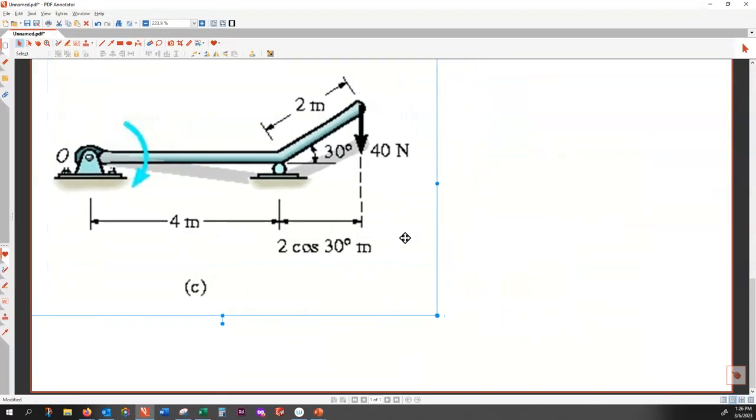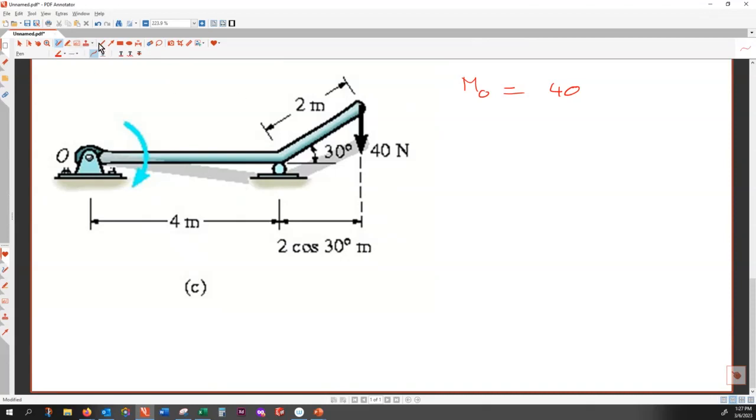So what is the rotational effect of 40 Newton with respect to the O? That is equal to the magnitude of the force multiplied by what is the shortest distance between 40 and O?